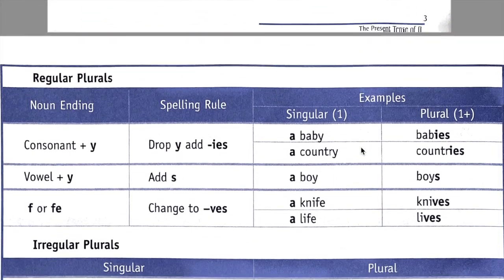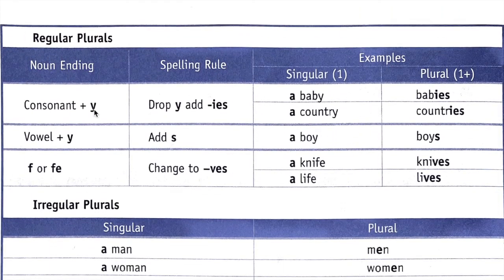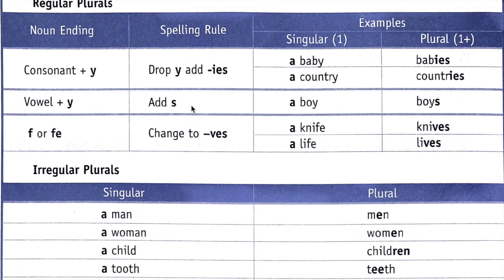Now, like I said, these are regular plural nouns, but when they end with a Y, sometimes you have to drop the Y and you add the IES, such as a baby becomes babies. A country becomes countries. One country, two countries. Sometimes you have a Y at the end, you add the S, such as a boy becomes boys.